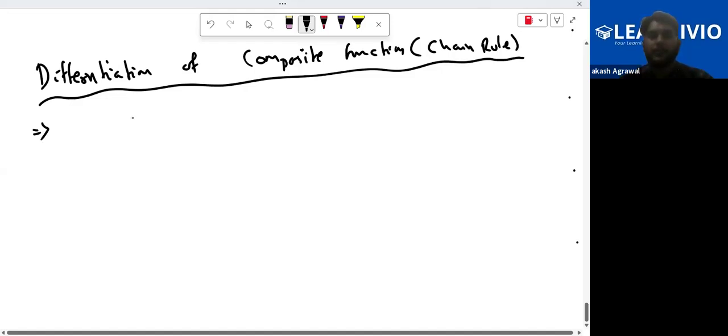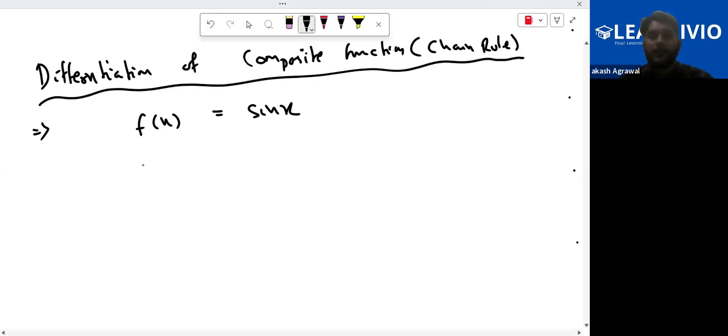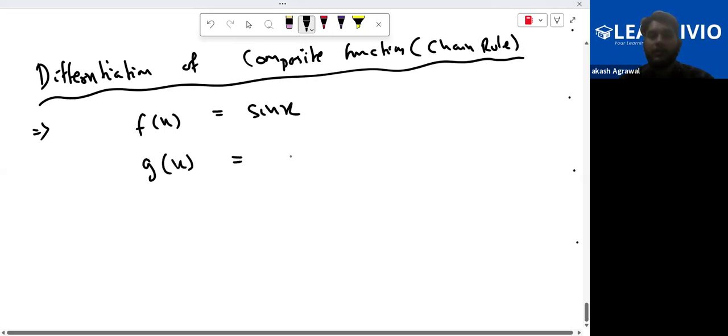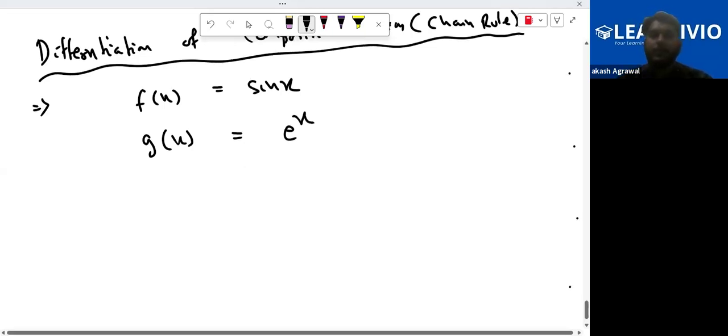Composite function is, imagine this way, if you have a function f of x, which is sine x, and a function g of x, which is e to the power x. So we have two different functions, but for some reason, this function itself became the input of this function.